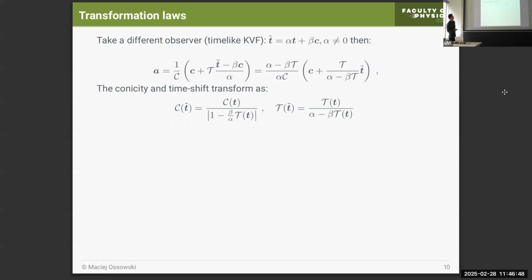So the coefficient of time-like observer would be T over C, and the coefficient of cyclic would be C. And those quantities, how they transform.